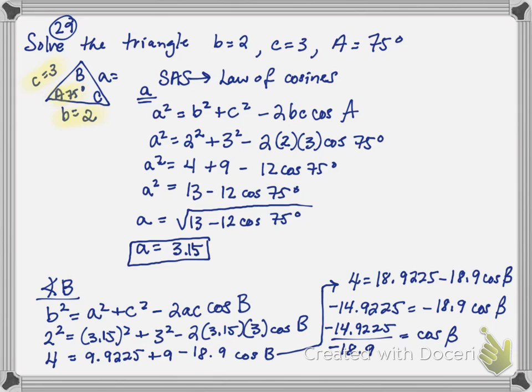My next step is to get angle B by itself. So the inverse operation of cosine is inverse cosine.